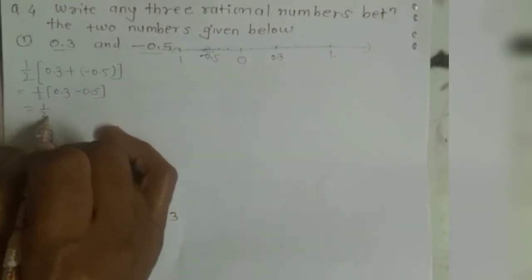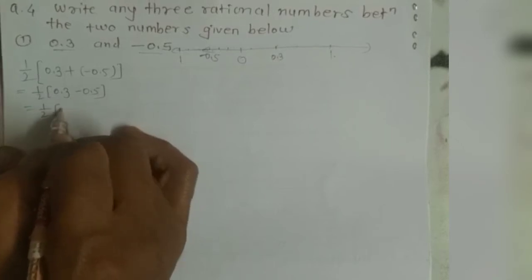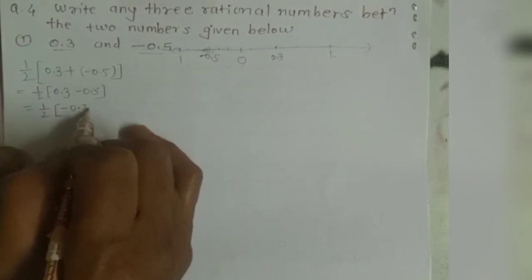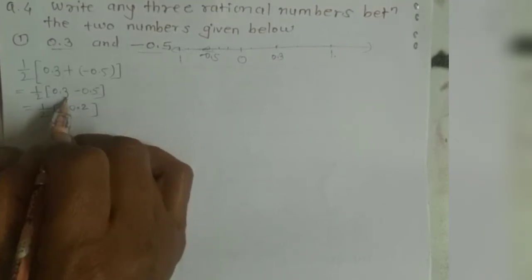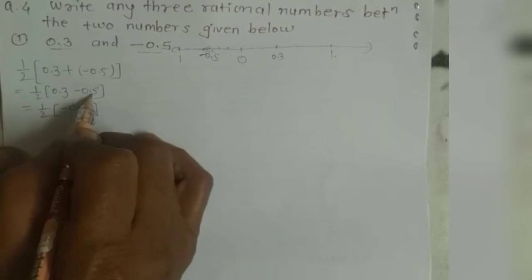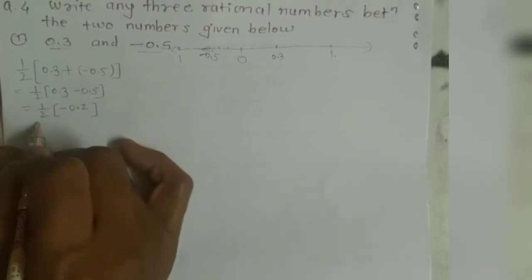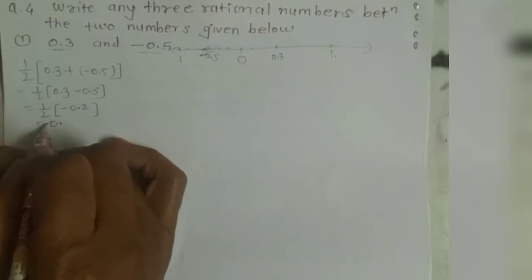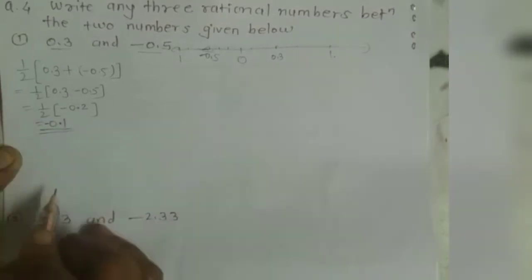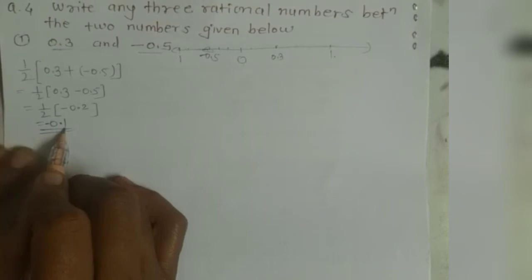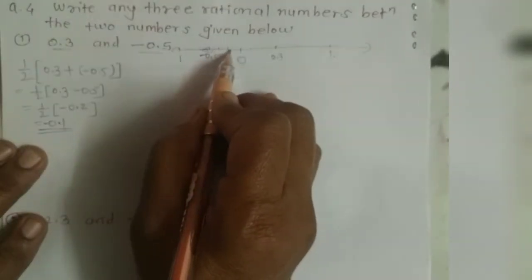Here we get 1 upon 2. By solving here, we obtain the difference between 0.3 and negative 0.5, that is negative 0.2. Dividing by 2, we get the number negative 0.1. This is one of the numbers.